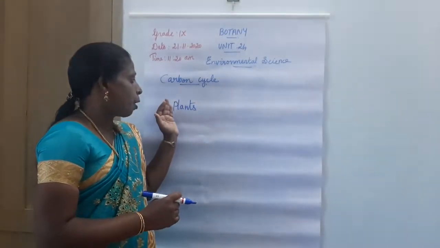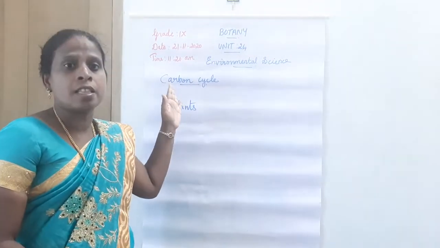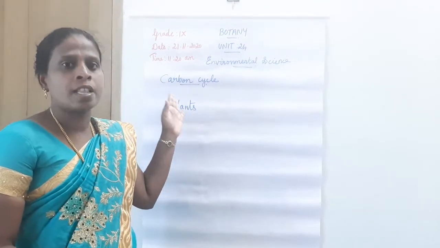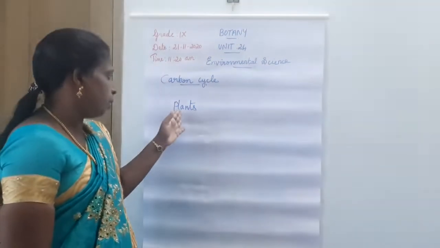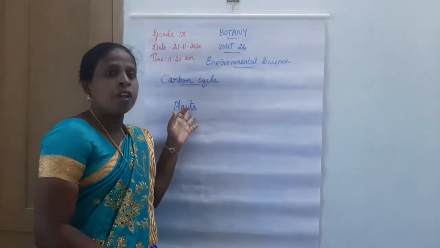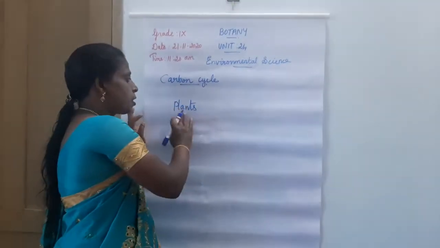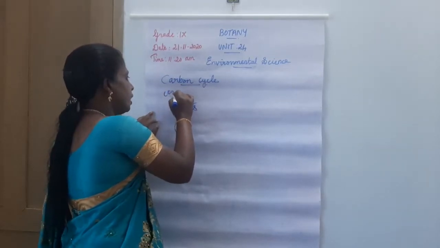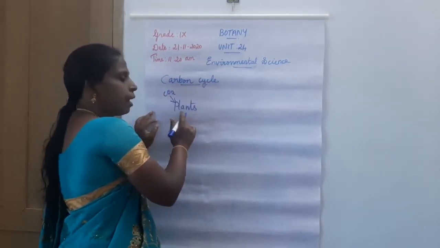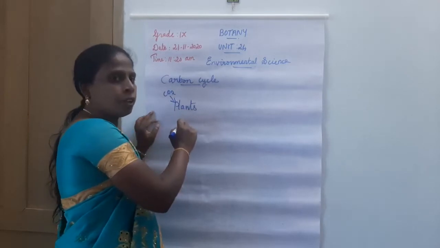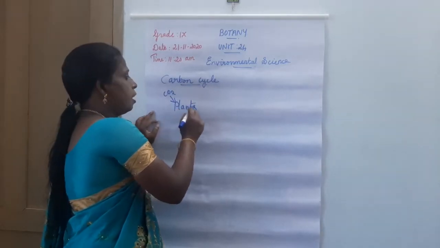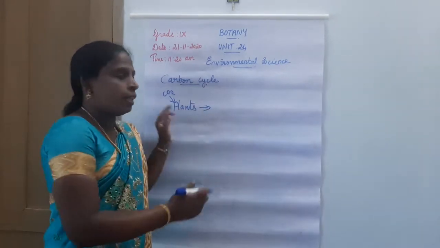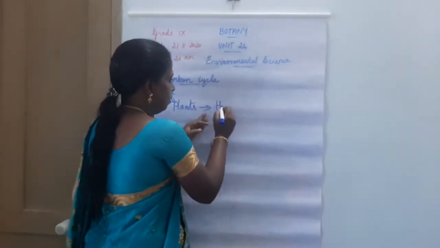It is the process by which green plants synthesize carbohydrates by using carbon dioxide, water, sunlight and in the presence of chlorophyll. The atmospheric carbon dioxide is absorbed by the green plants and they prepare food, that is carbohydrates. This plant can be eaten by the herbivores.